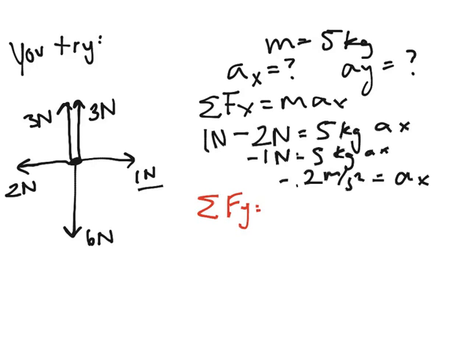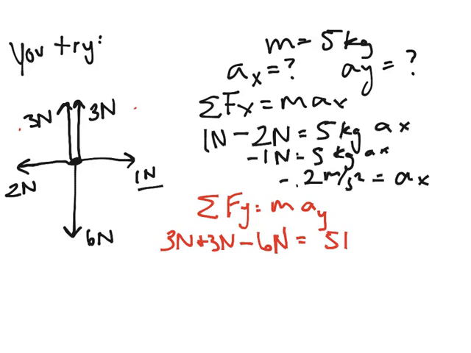Alright, then moving on to sigma Fy, it's again mass times the acceleration in the y direction, and it's up minus down. So note, we have 2 ups here, so you will add those. So it'll be 3 N plus 3, and hopefully you can add 3 plus 3 is 6. And then you will subtract whatever is on the downside.